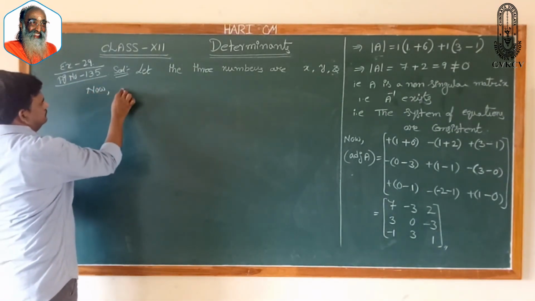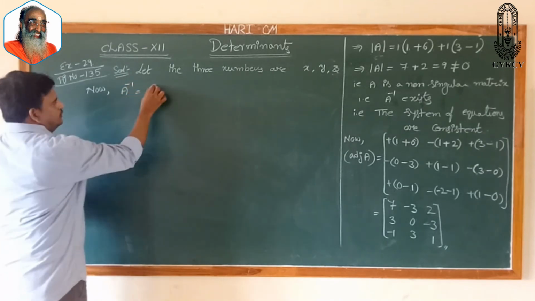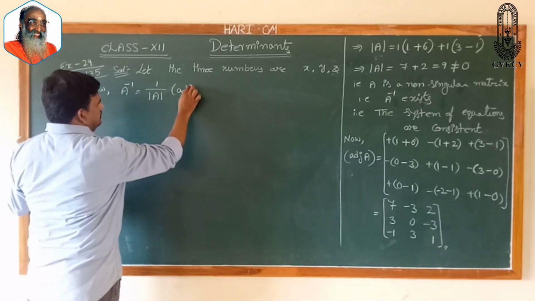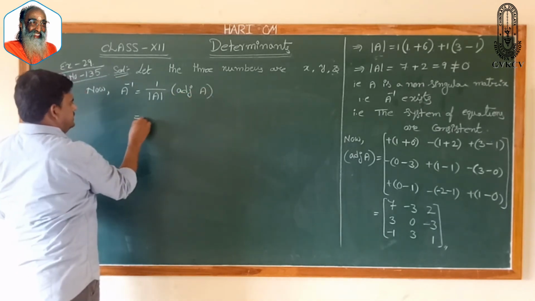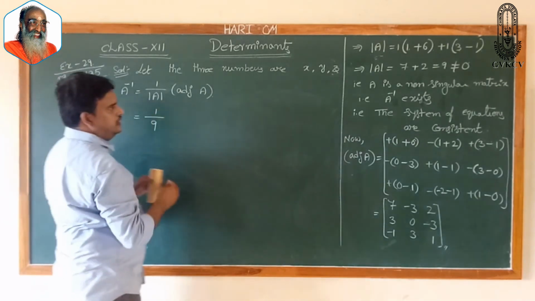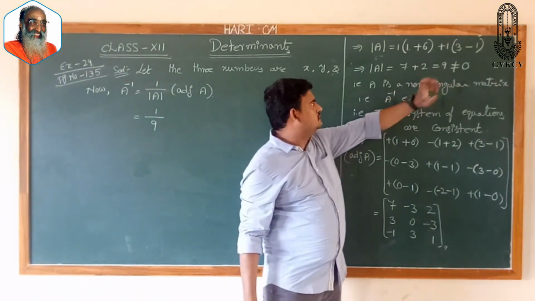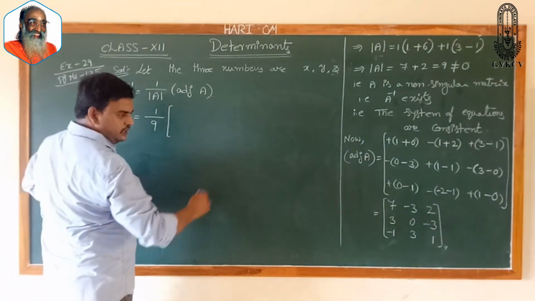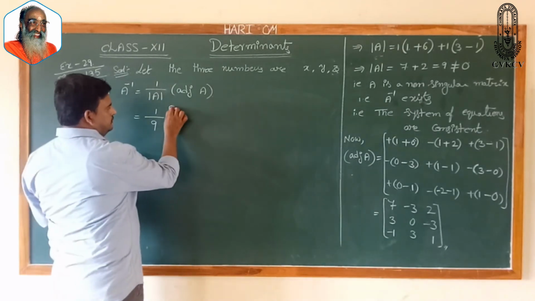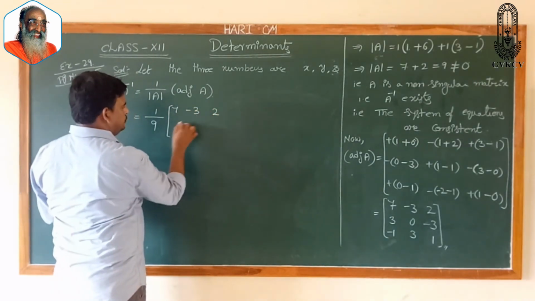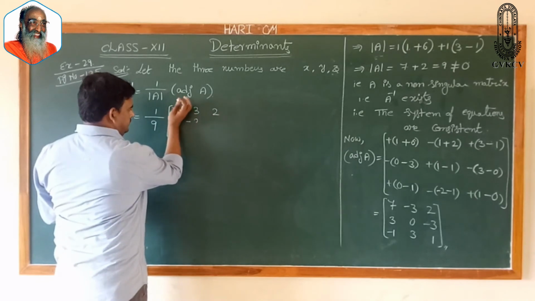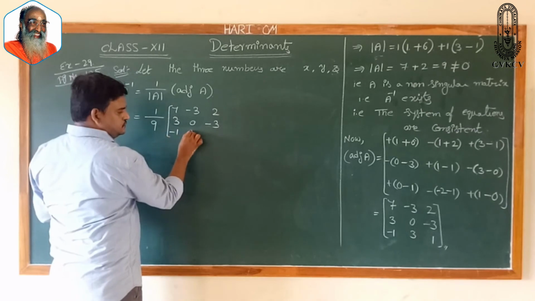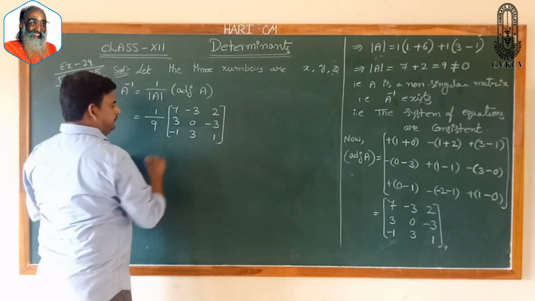Now A inverse is equal to 1 by determinant of A into adjoint of A. Earlier we had the determinant value 9, so 1 by 9 adjoint of A. What is that? 7, minus 3, 2, 3, 0, minus 3, minus 1, 3 and 1.